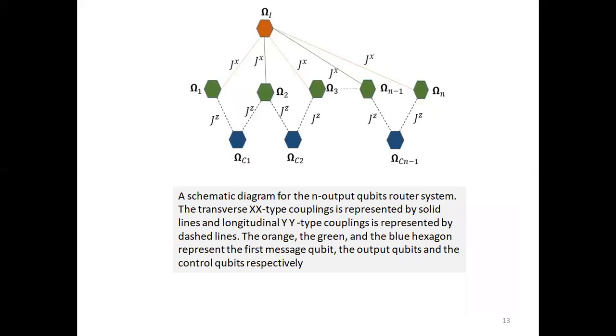You can see this orange one represents the input message, and the different output qubits are represented by green hexagons. We also have n minus 1 blue hexagons, and they represent what we call control qubits, right? And then there are those parameters, the JX couplings and JZ couplings that we talked about.